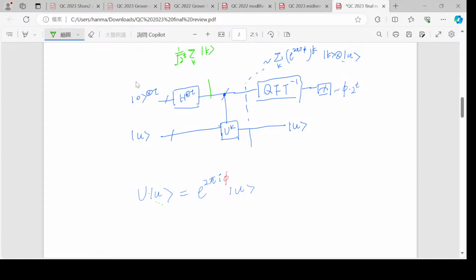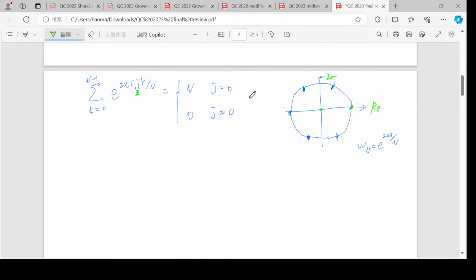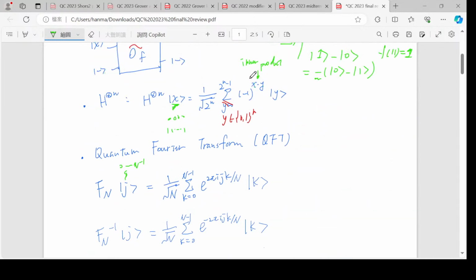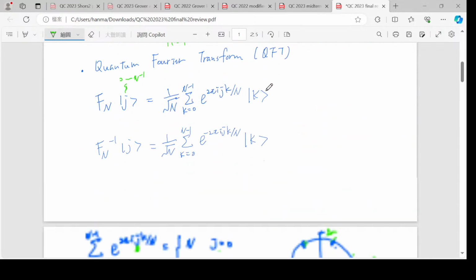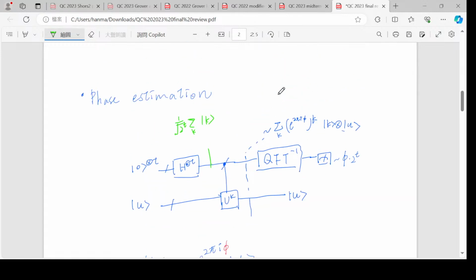Where now we think of k as, okay, so we are going back and forth between two representations of a computational basis state. It's a bit confusing, but remember there is always a one-to-one correspondence between {0,1}^n and the numbers 0 to 2^n minus 1.